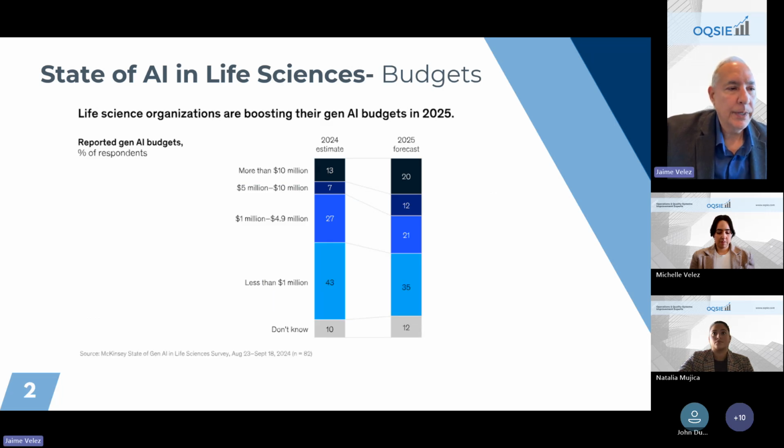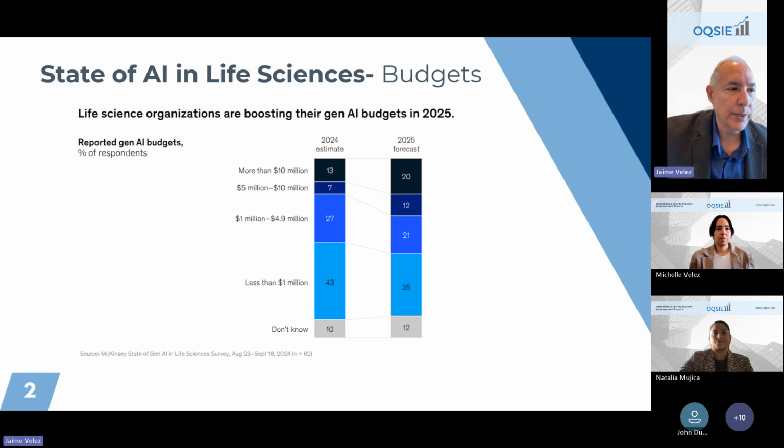Second data point here is that those companies that are investing more often are increasing the funding that they're budgeting from 2024 to 2025.